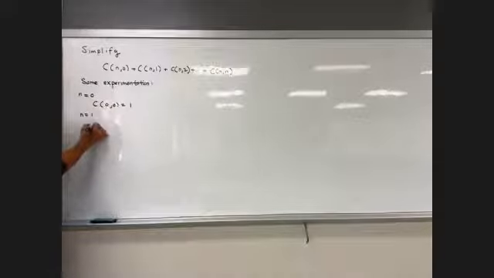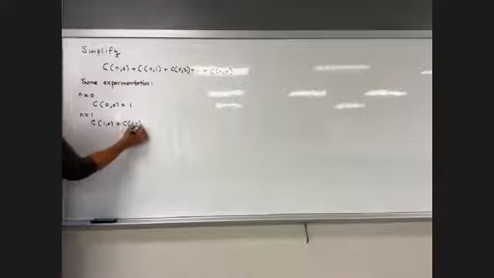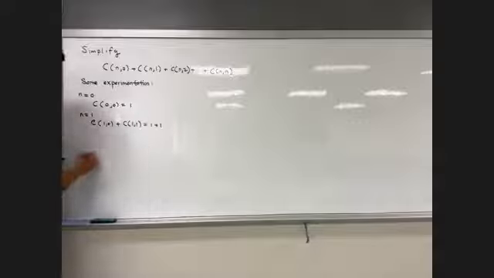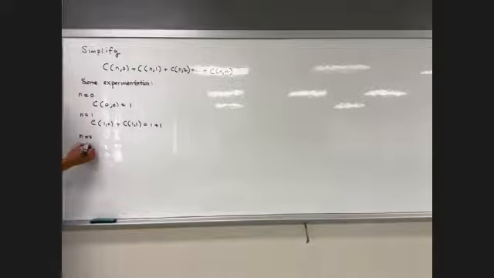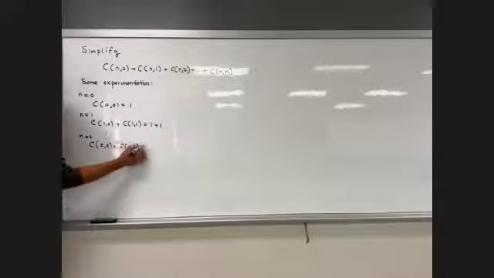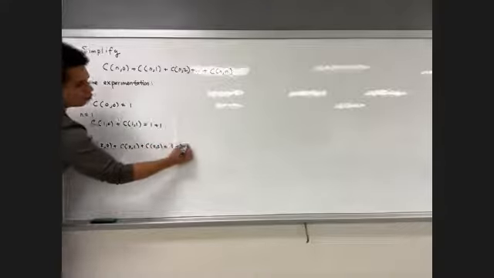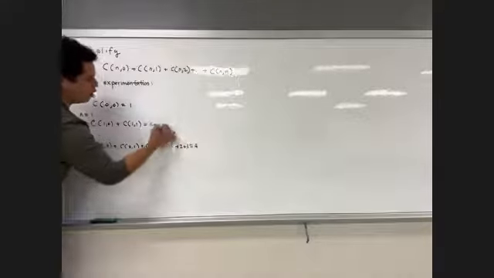When n is 1, this sum consists of two terms, C(1,0) plus C(1,1), which is 1 plus 1. When n is 2, this becomes C(2,0) plus C(2,1) plus C(2,2), which is 1 plus 2 plus 1, which is 4.